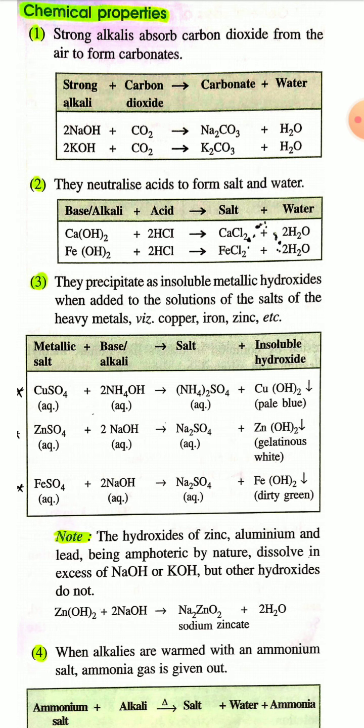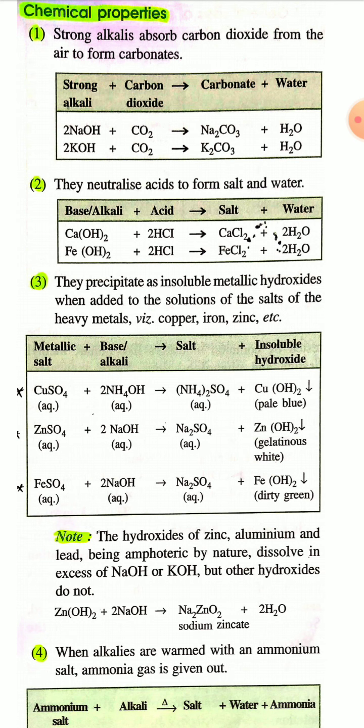The third important chemical property of bases is that they precipitate as insoluble metallic hydroxide when added to an aqueous solution of some salt like copper sulfate, zinc sulfate, ferrous sulfate, ferric chloride, aluminum chloride. So when bases react with a metallic salt, that is CuSO4, ZnSO4, it will form a salt and an insoluble hydroxide, that is, a precipitate will form.